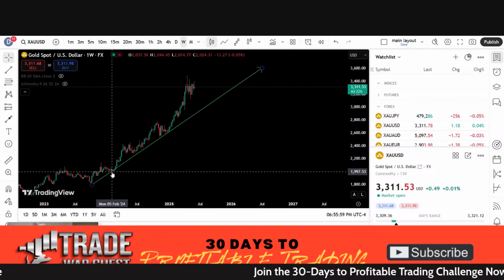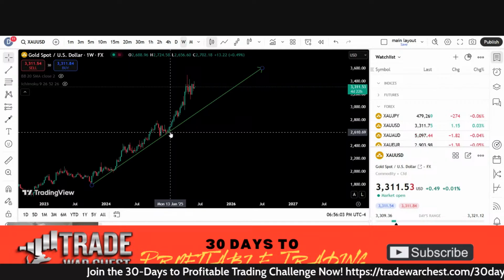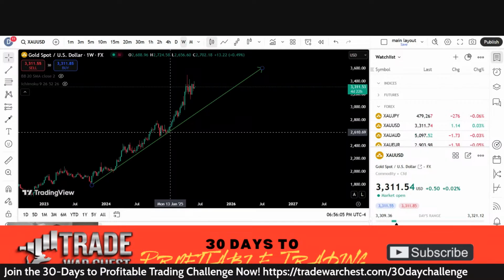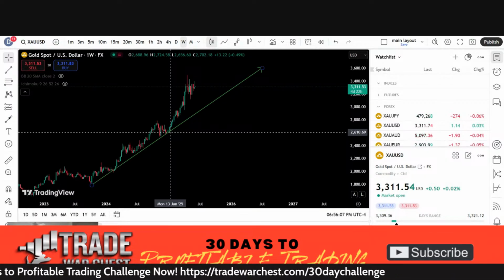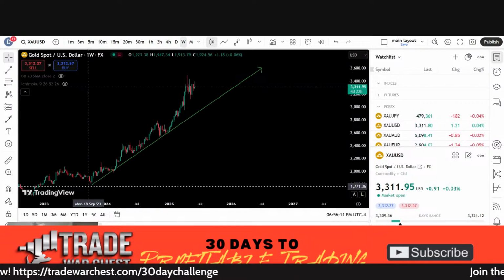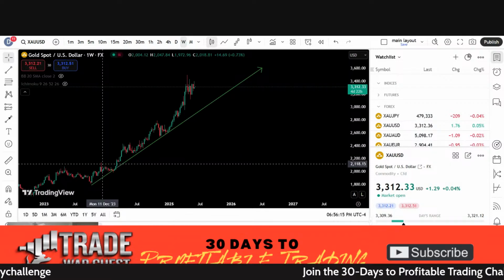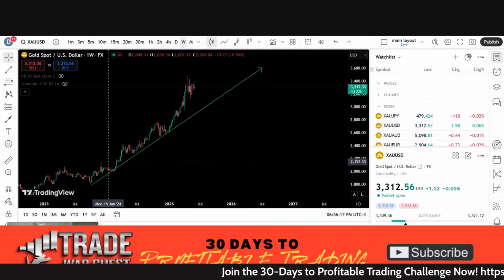Each one of these points where we see the candles touch the line, the trend that I marked, is where the market found support. Or, excuse me, the market pushed up and found what we call resistance.